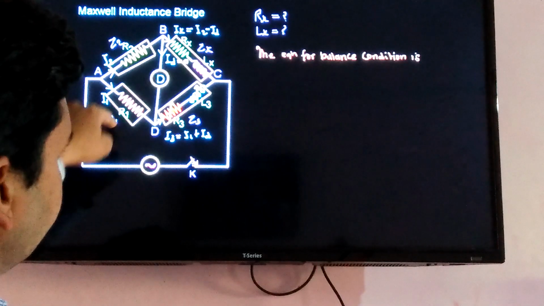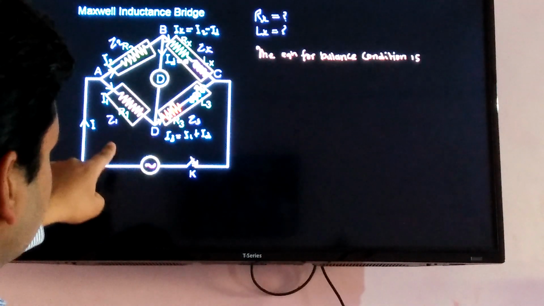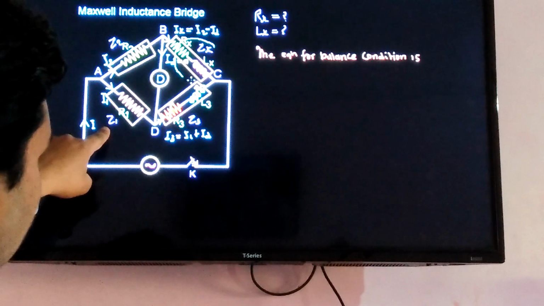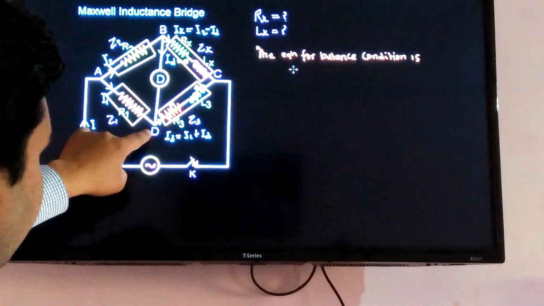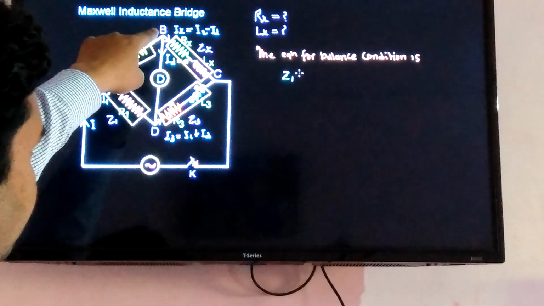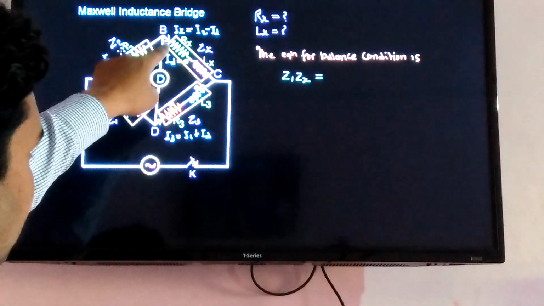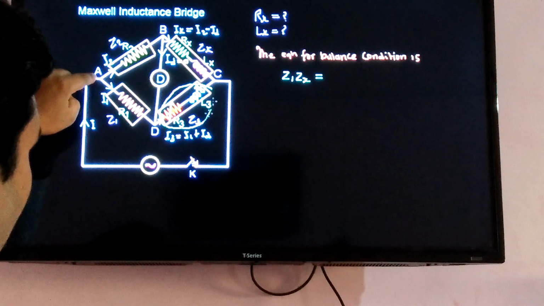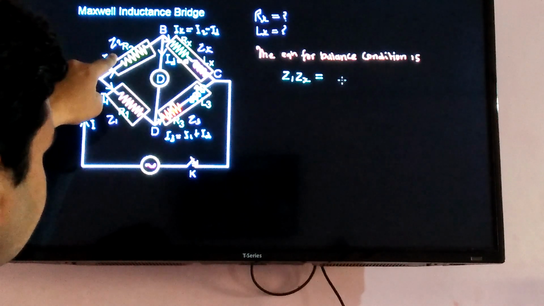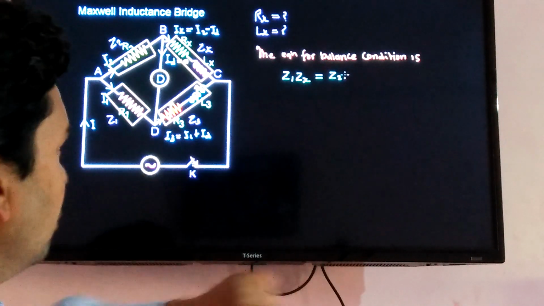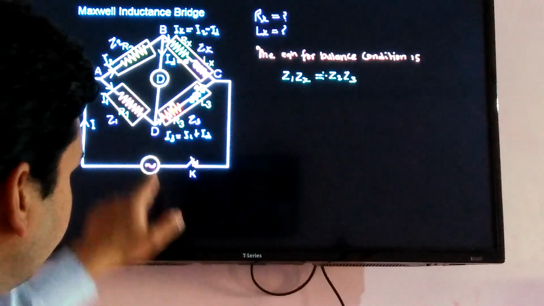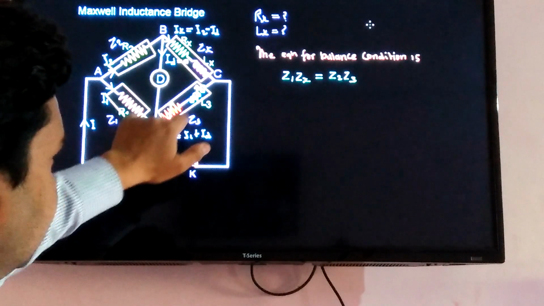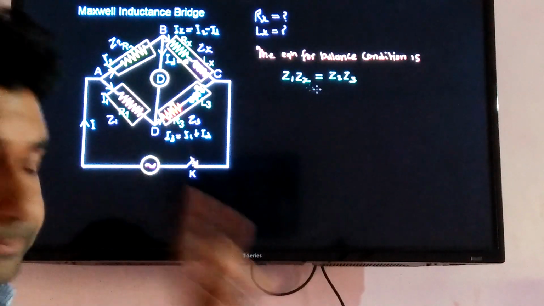Z1 into ZX, the impedance of A to D across R1, into the impedance of B to C across Rx and Lx, is equal to the impedance of A to B, that is Z2, and the impedance from D to C across R3 and L3, that is Z3.